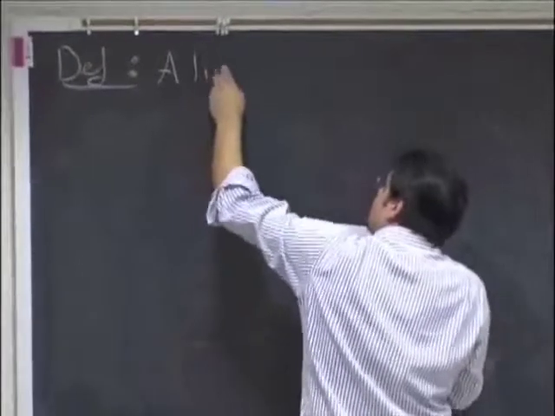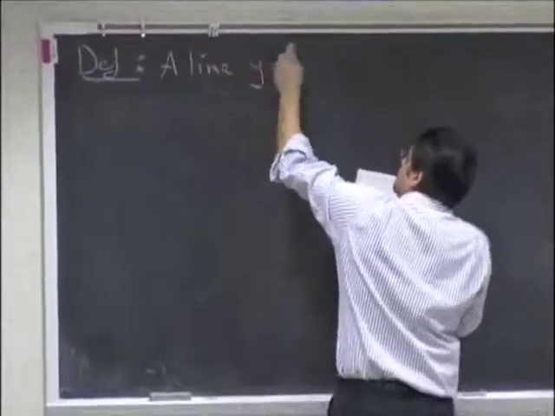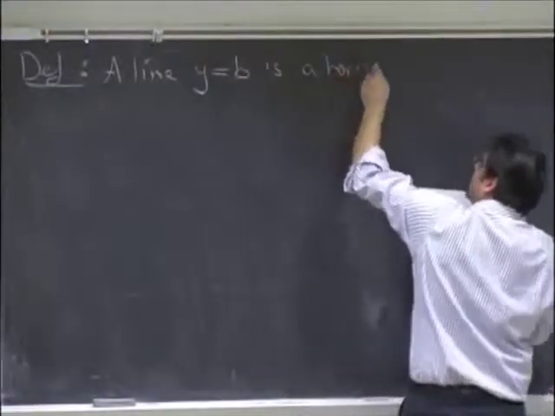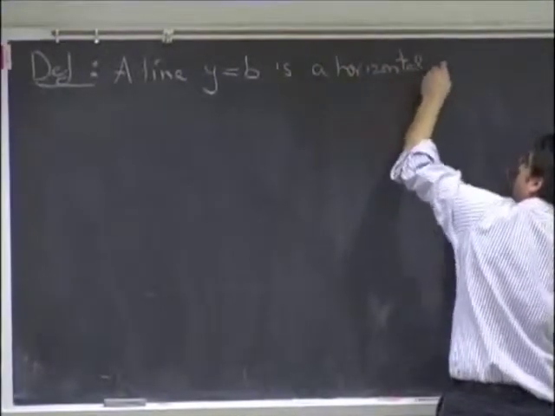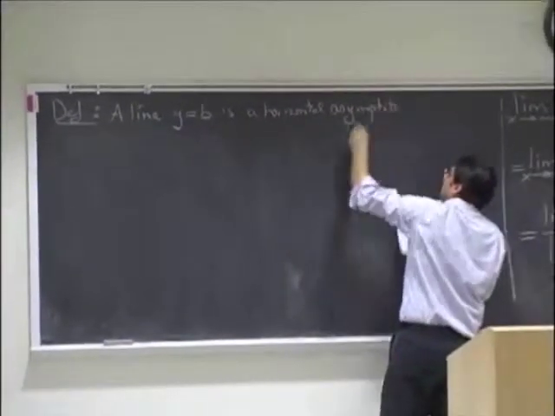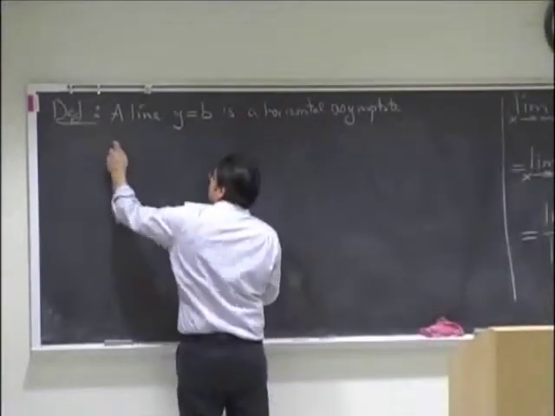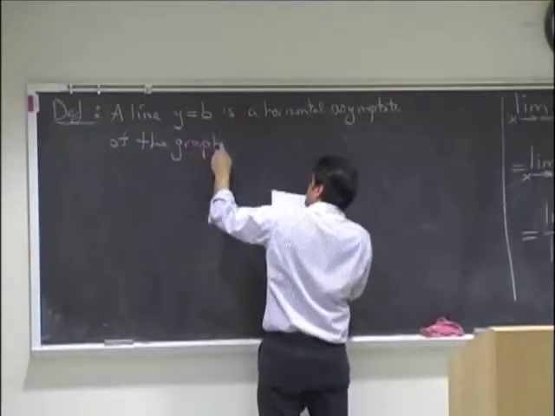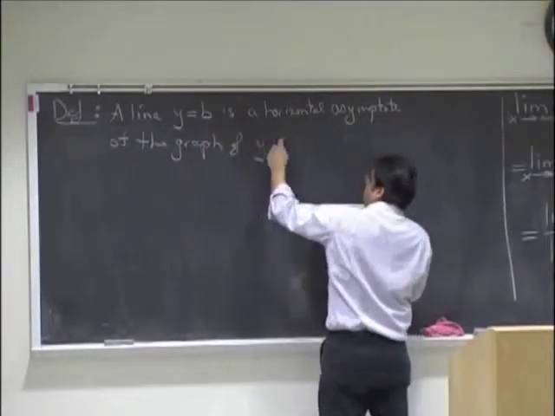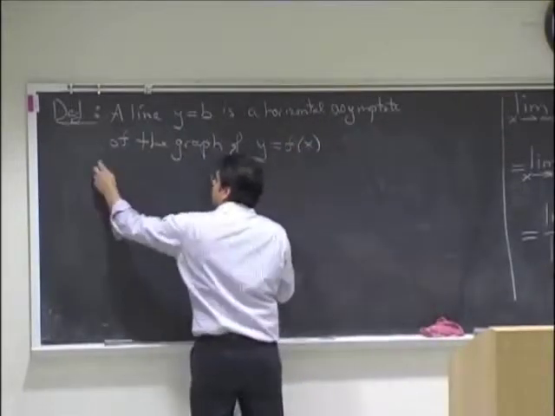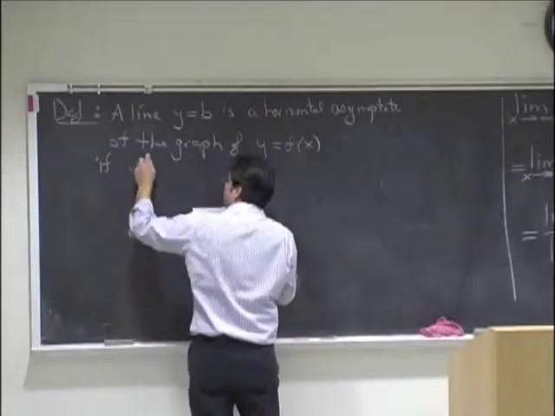A line y equals b is a horizontal asymptote of the graph of y equals f if one of two things happen, or both.